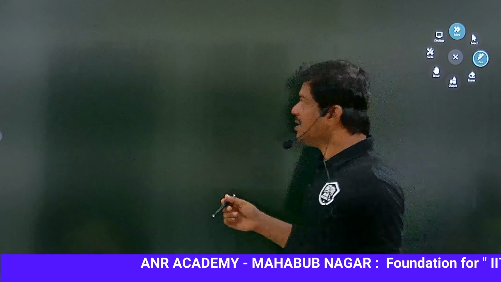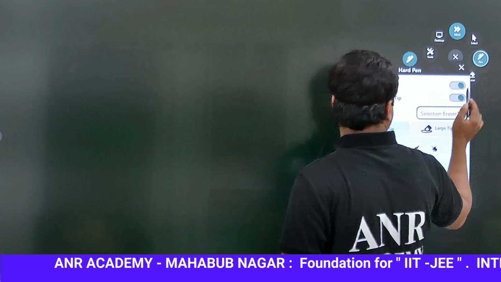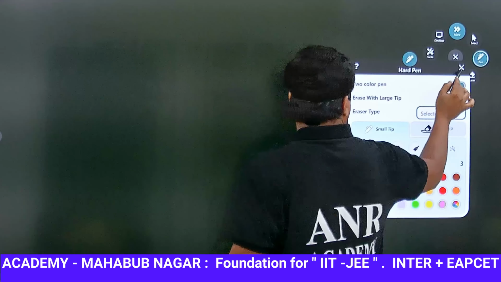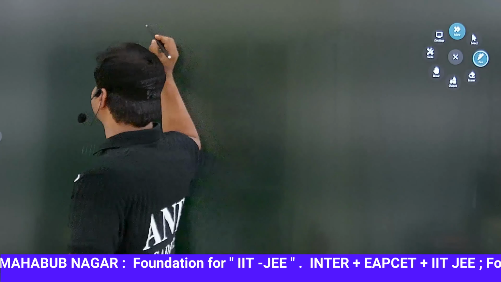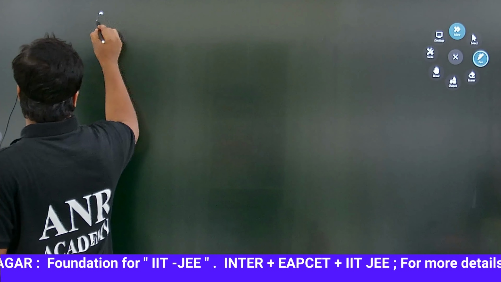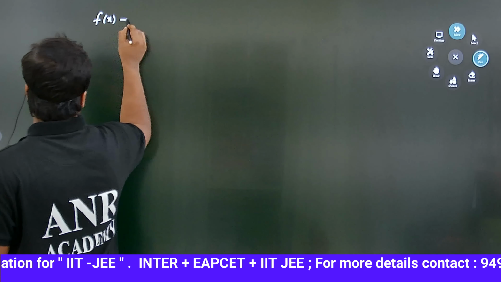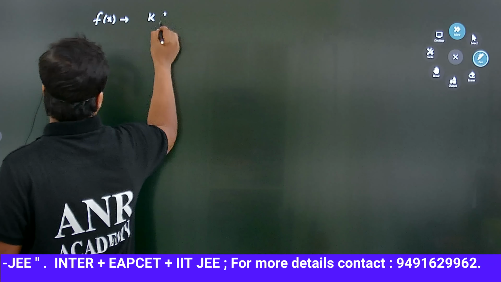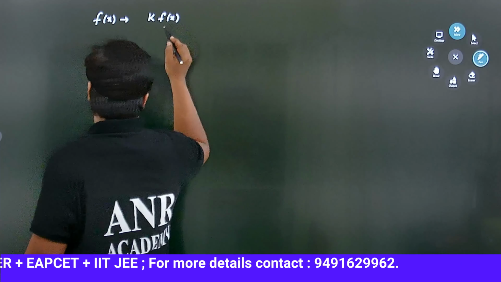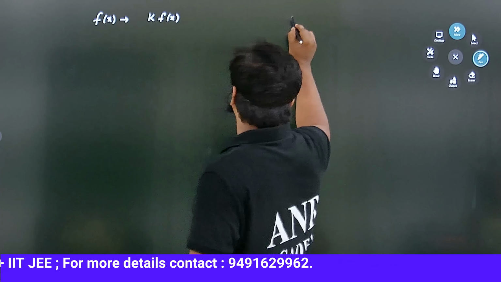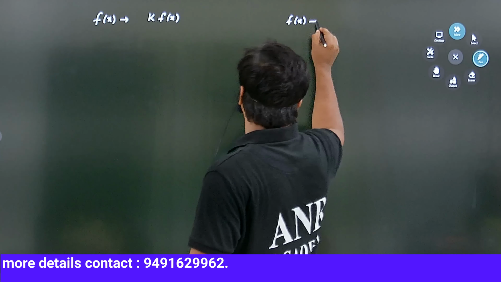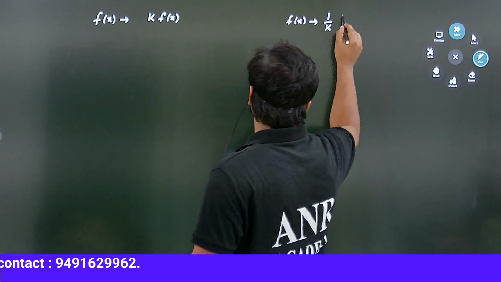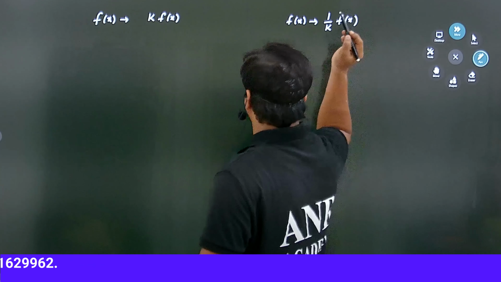Next, let us move to the next transformation, that is f of x to k times f of x. Next one, f of x to 1 by k times f of x.